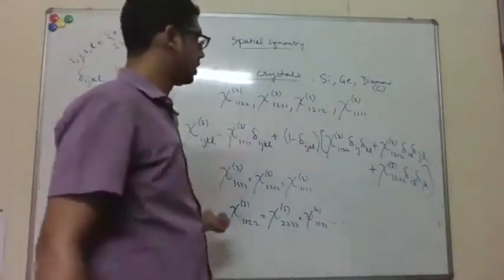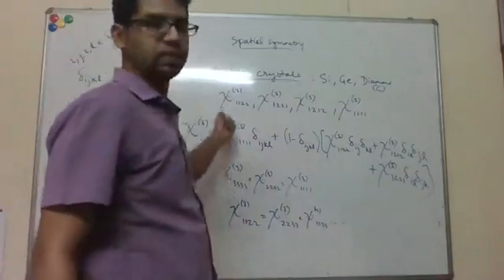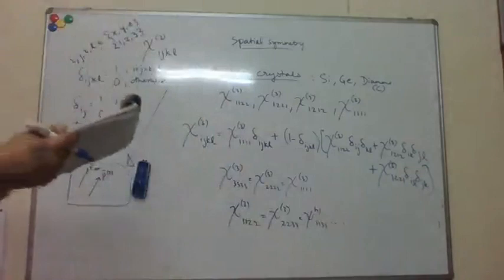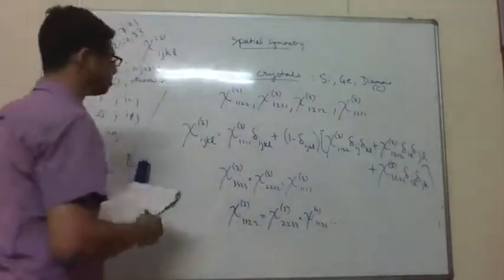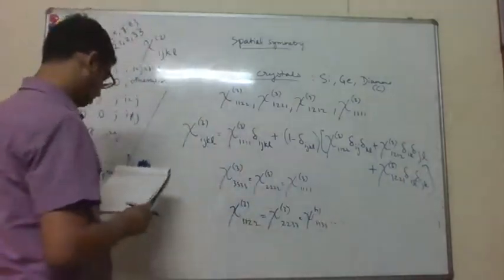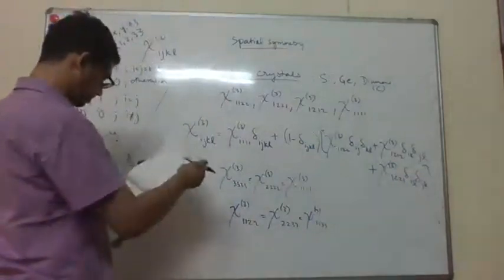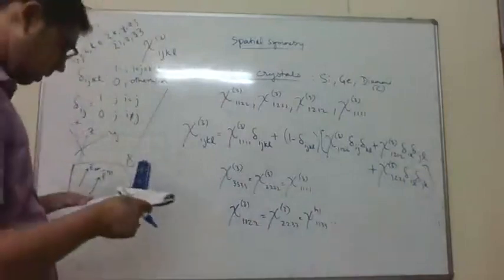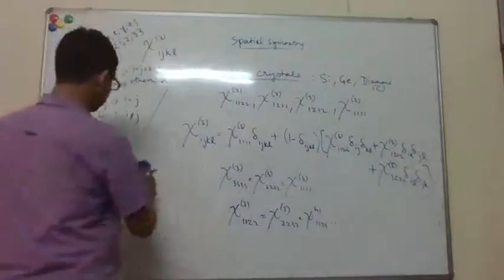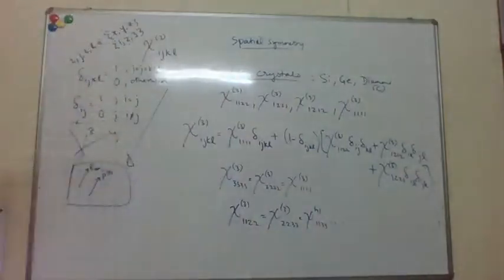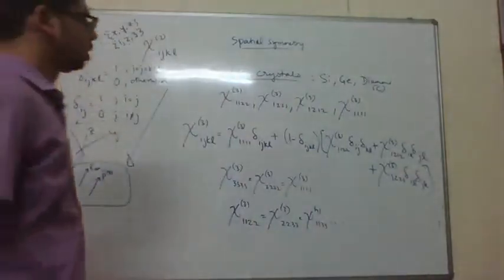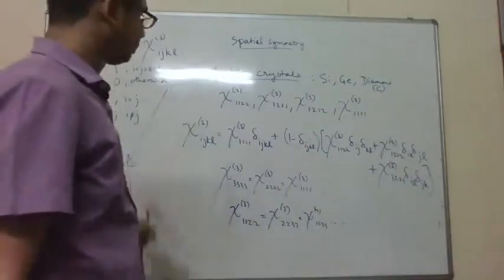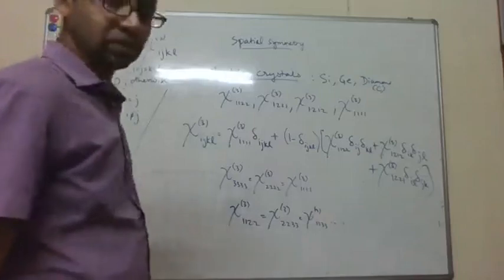So basically, it's saying that 90-degree rotations leave the crystal invariant. And then we can exploit one further symmetry to basically reduce the number of independent elements even further.